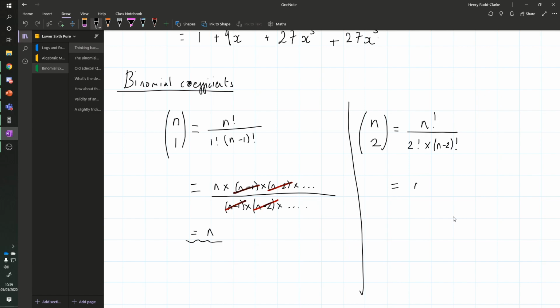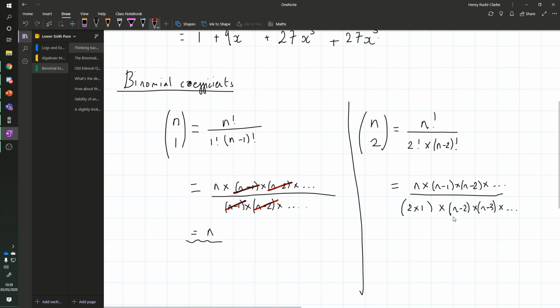Writing out the top, that's n times n minus 1 times n minus 2, and so on, down to 1. On the bottom, 2 times 1 for the 2 factorial, which I'll put in brackets, and then the n minus 2 factorial would be n minus 2 times n minus 3, and so on.